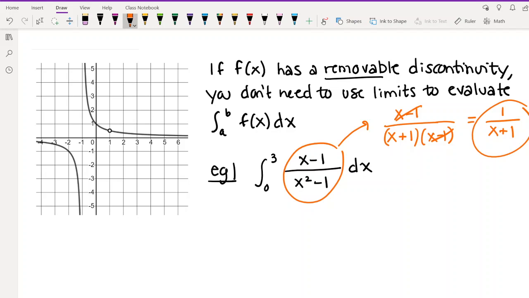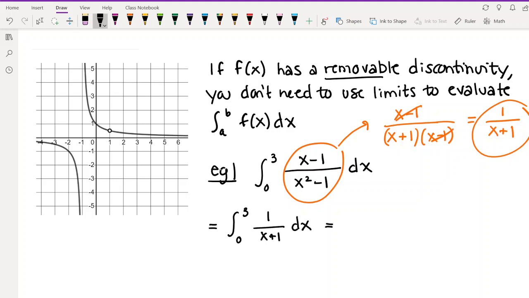Because really this hole is kind of an exaggeration, the way it's drawn in the picture. Really, it's just like a pinprick. It's just the tiniest point taken away. So it just doesn't really affect the value of the integral the same way that a vertical asymptote does. So how would you evaluate this? Well, after doing that simplification, you would have 1 over x plus 1.